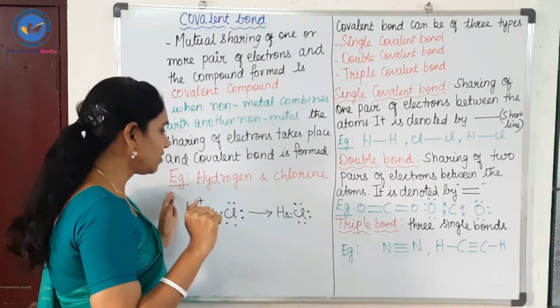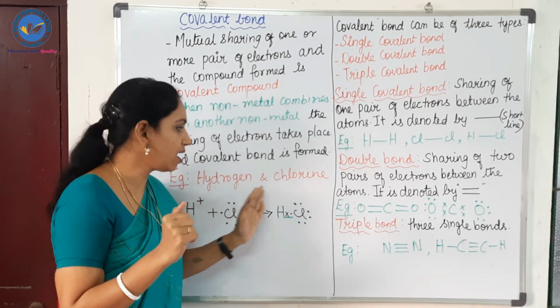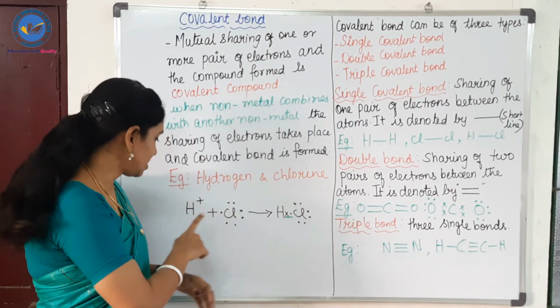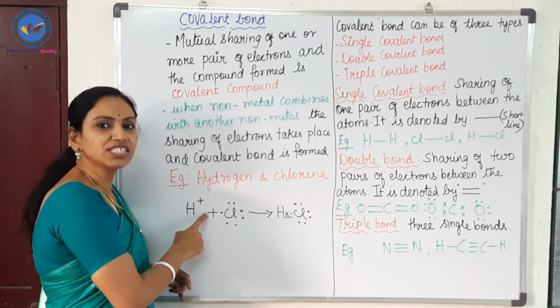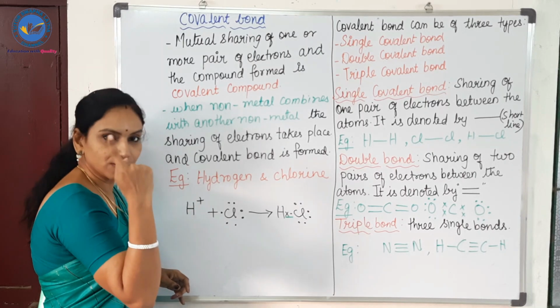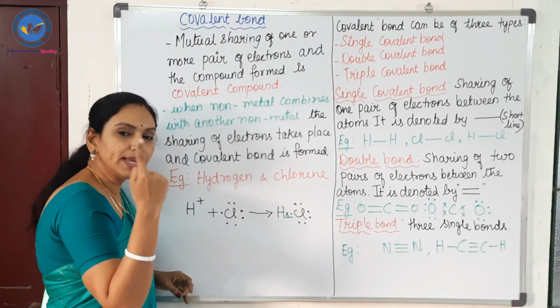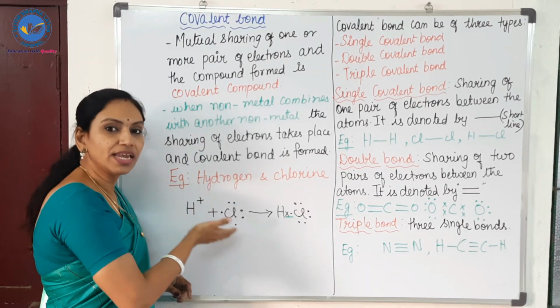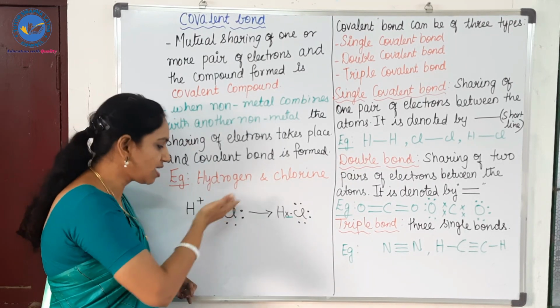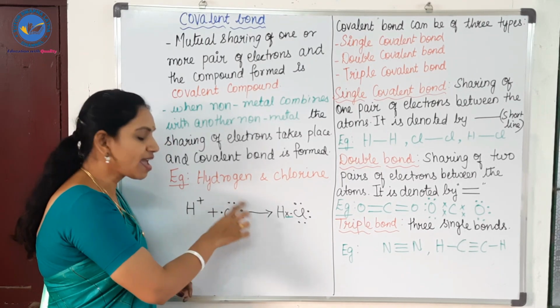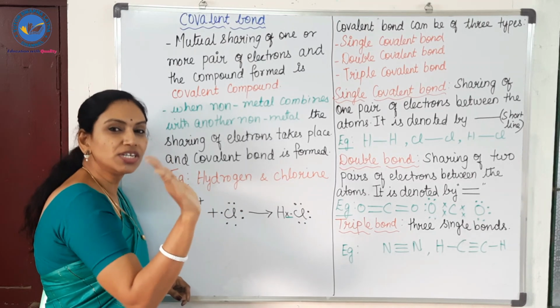For example, hydrogen is a non-metal, and chlorine is another non-metal. Hydrogen and chlorine. Hydrogen has atomic number 1 and has 1 electron in its outermost valence shell. Then chlorine has 7 electrons in its valence shell. Of these, 3 pairs need not be disturbed.